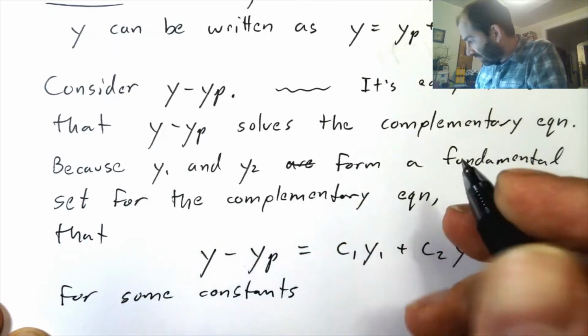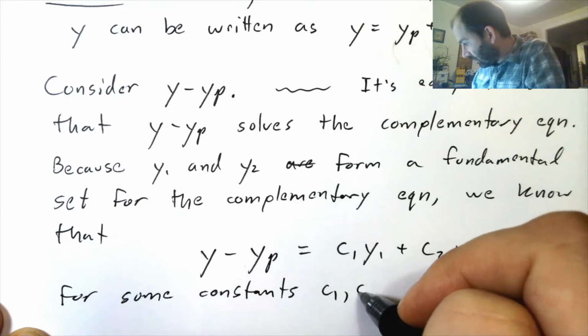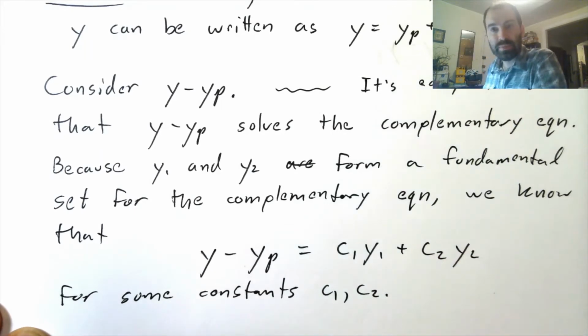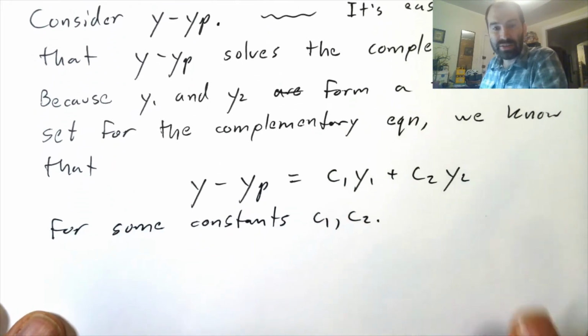We know those constants exist. And I think we have it now, because now all I have to do is add yp to both sides.